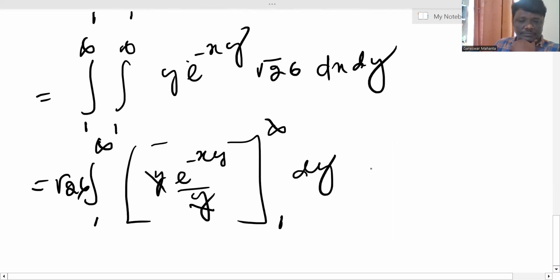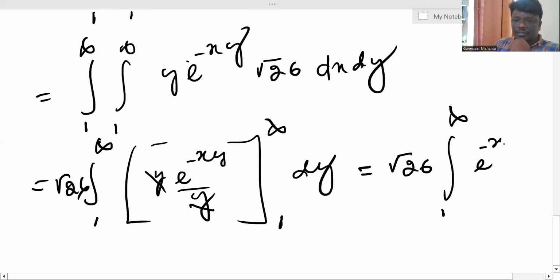The y term is cancelled. Root 26 integration from 1 to infinity of e to the power minus xy, with limits 1 to infinity, dy.